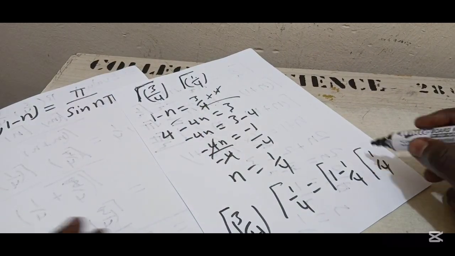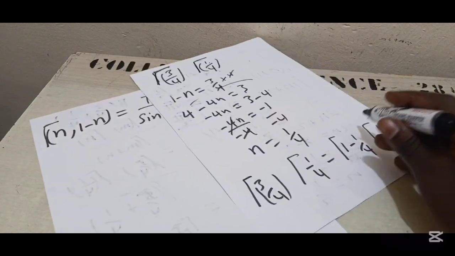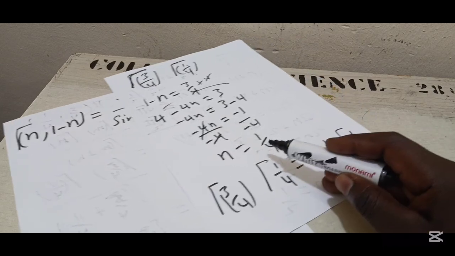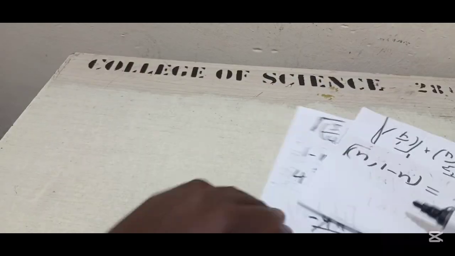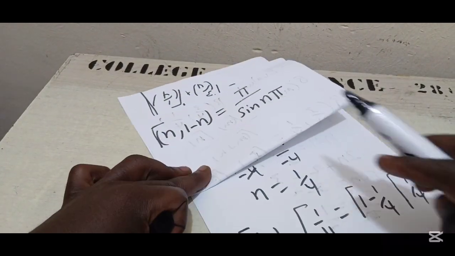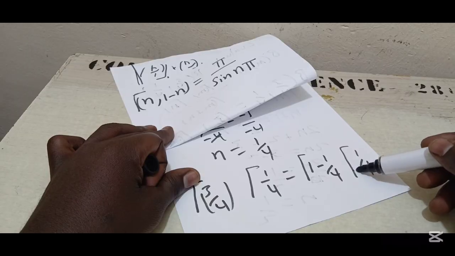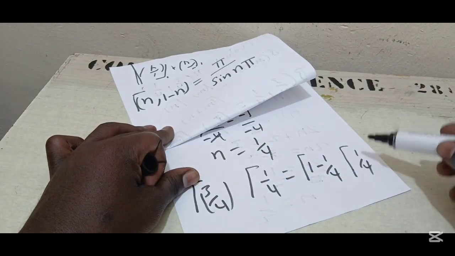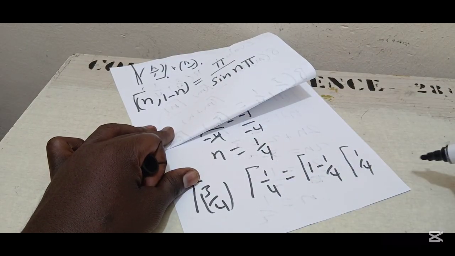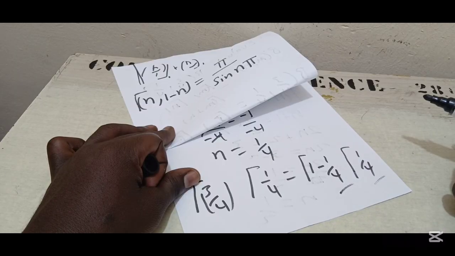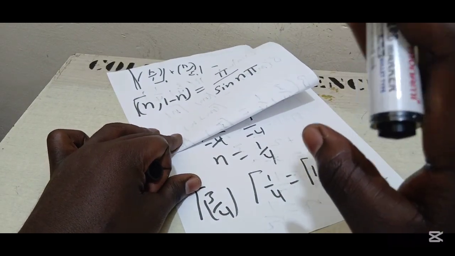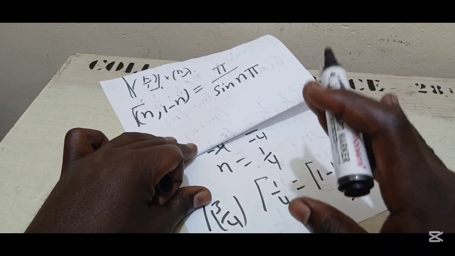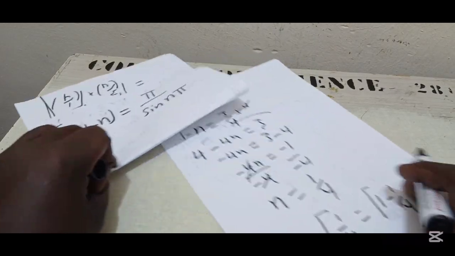Comparing this to Euler's formula, you can see that you have your n, let's say 1 on 4, and your 1 minus n, which is 1 minus 1 on 4. So these terms are the same, 1 on 4, 1 on 4. That's what you are basically looking out for. Immediately you are able to do this, you are done and can go ahead and use Euler's formula.